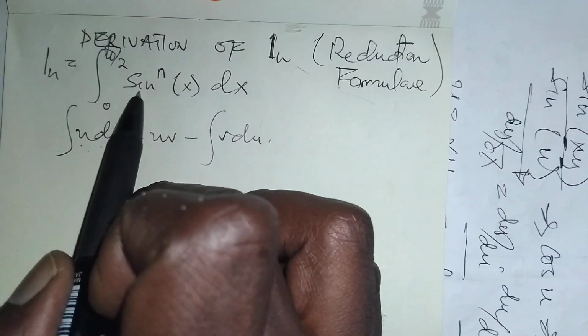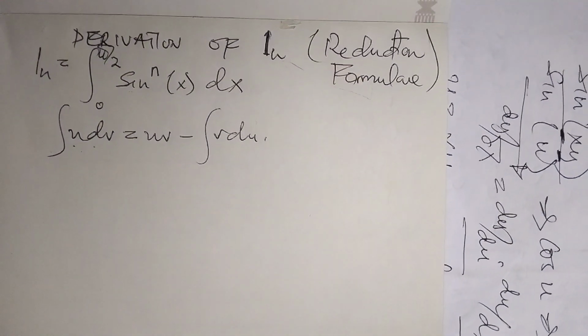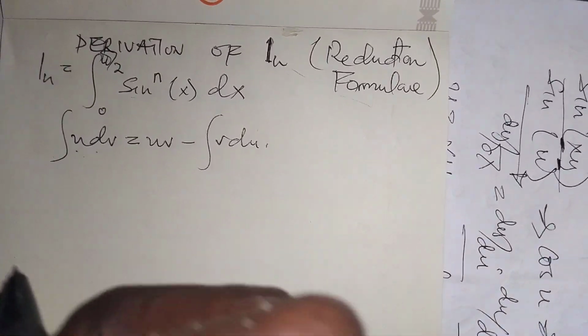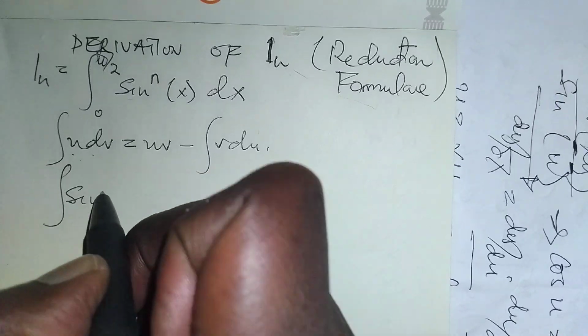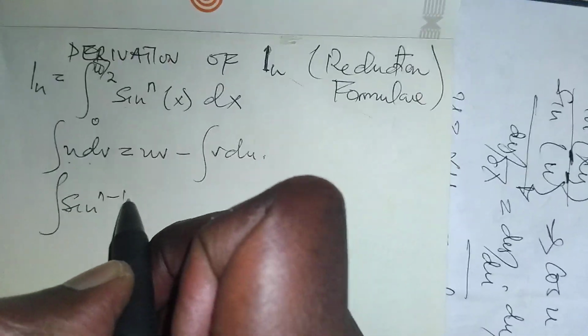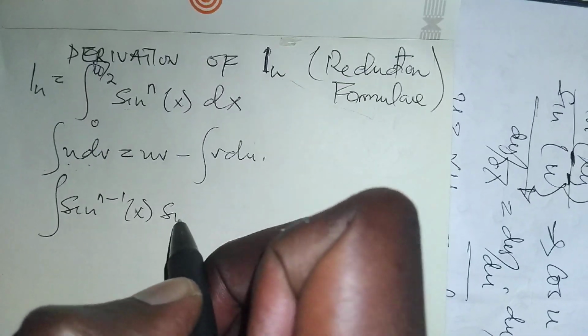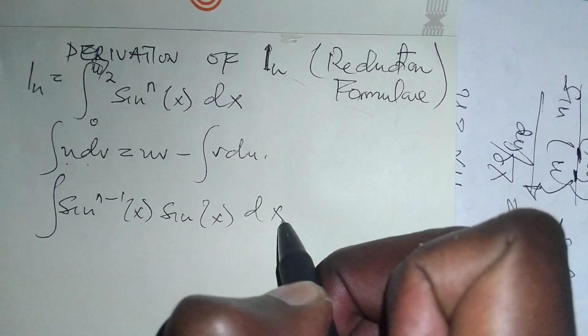So you're going to break this part, sine raised to n x dx, so it will be the same as sine n minus 1 x, and we have sine x dx.